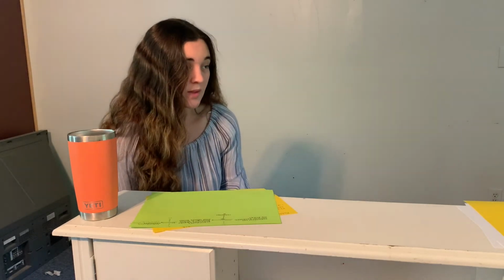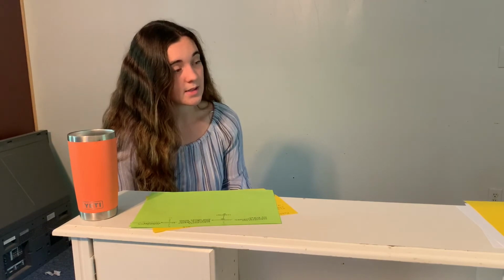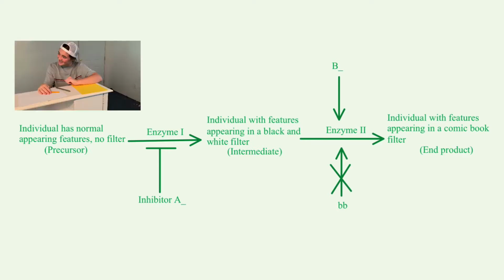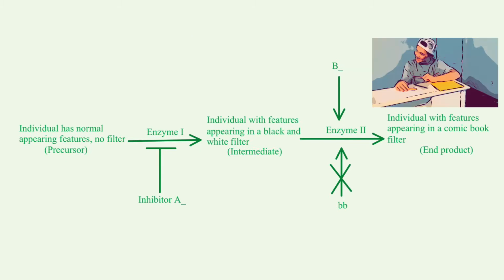Let me explain it to you in an example. There are 6 modes of epistasis that relay the way that genes expressed phenotypically are happening genotypically. Let's look at single dominant epistasis. Having a dominant allele at one locus may prevent you from expressing the phenotype of the dominant allele at a different locus. Say that your features appeared to everyone else in filters such as normal, black and white, or comic book.